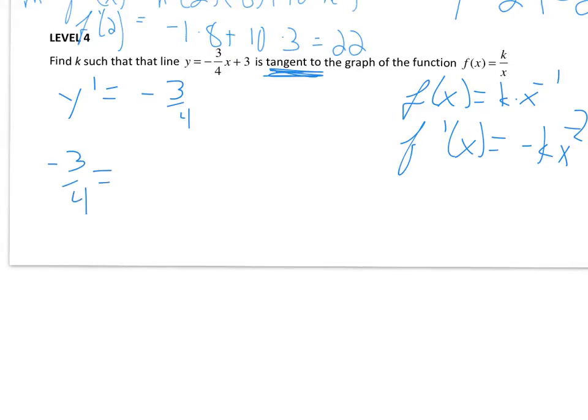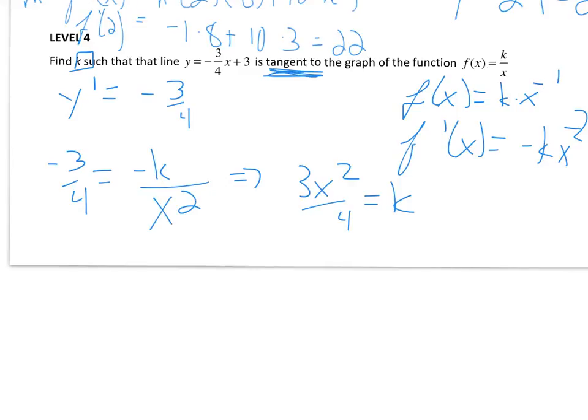So I have negative 3/4 equals negative k, x to the negative second, which is the same as putting x squared in the denominator. Over the years, I've seen a lot of kids multiply through by x squared, divide through by the negative 1, and get 3x squared over 4 equals k, and think, oh, I'm done. I found k. But we want it to be a number.